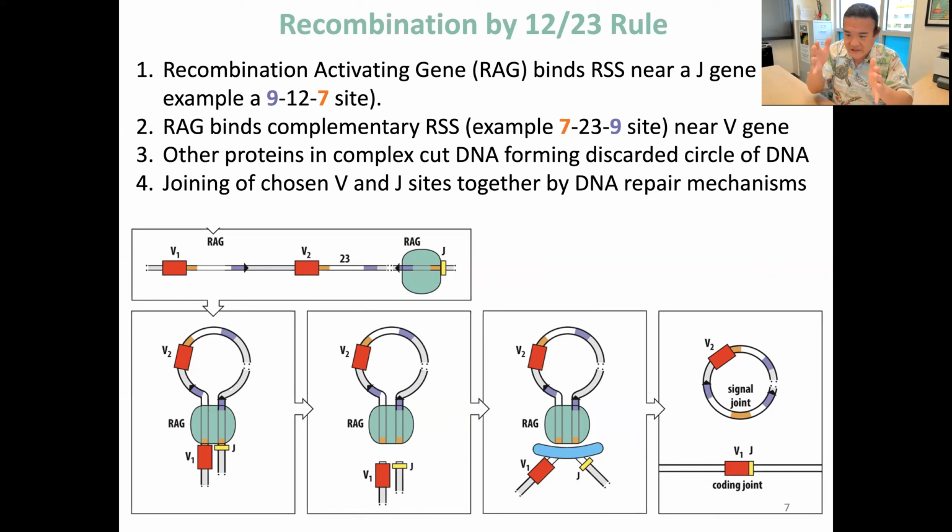This gene now has this one red V block, V1, and this yellow J block. The rest of the DNA is literally lost. Anything in between, including any colored blocks that were skipped over in this random process of choosing colored blocks, is permanently lost in this developing B cell.